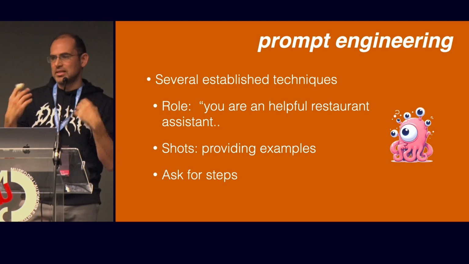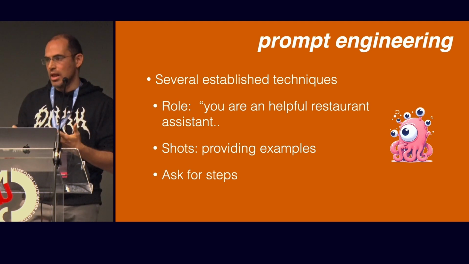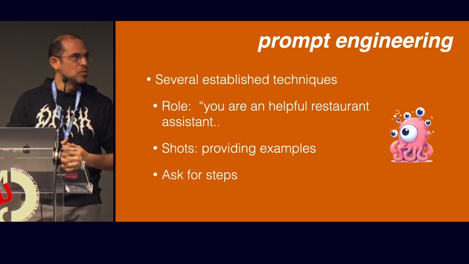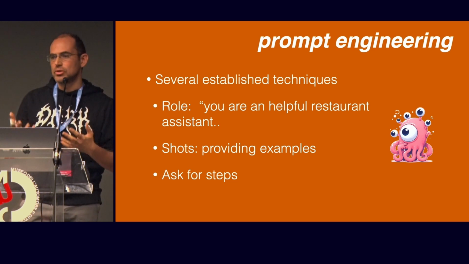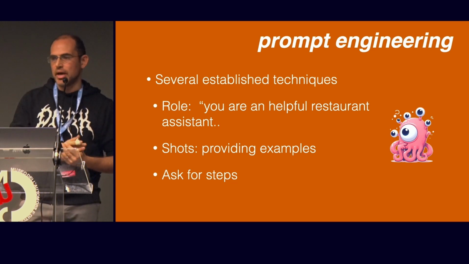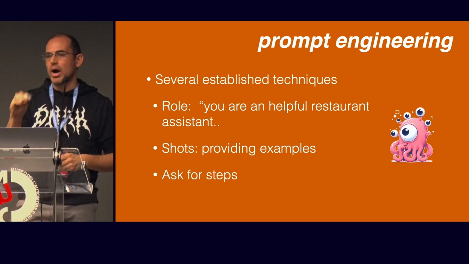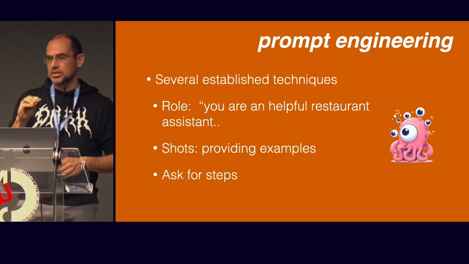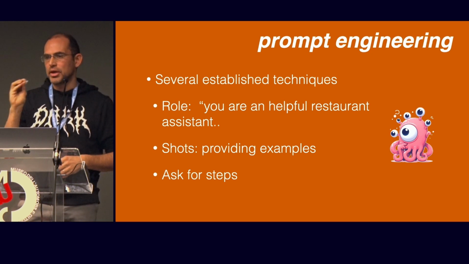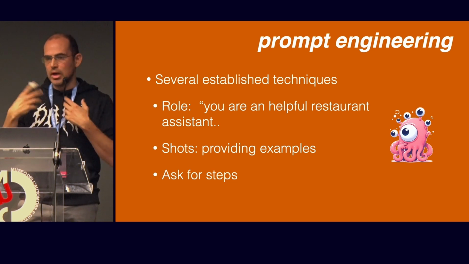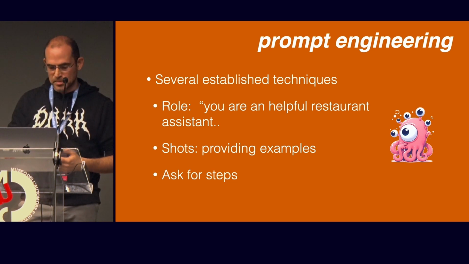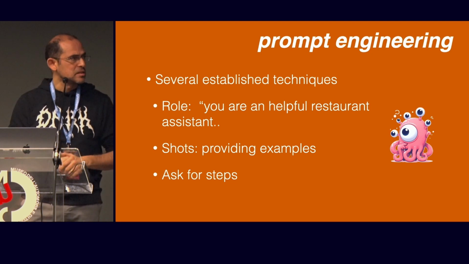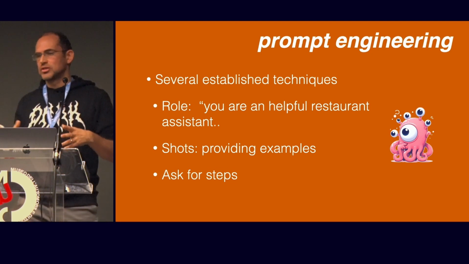There are several established techniques to do that well. One of the most used is using the role, telling the language model what you are. You are a helpful restaurant assistant. So it knows how to answer, how to interact with us. There are other techniques. Providing shots. What are shots?